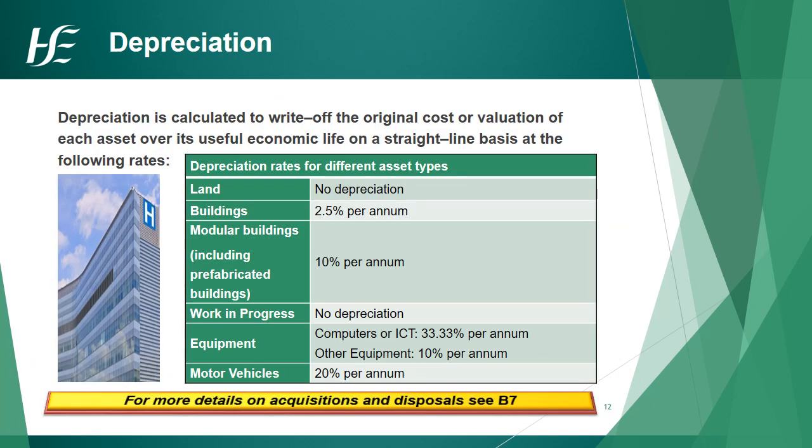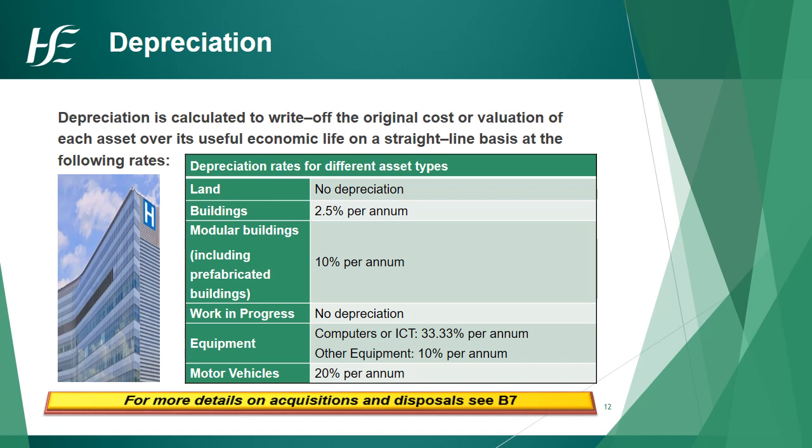Depreciation is calculated to write off the original cost or valuation of each asset over its useful economic life on a straight line basis at the following rates. Land and work in progress are not depreciated. Buildings are depreciated at 2.5% per annum, so over 40 years. Modular buildings are depreciated at 10% per annum, so over 10 years.